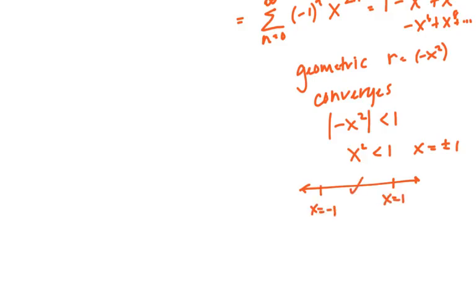And if I put in 0, it makes it true. And if I put in 2, then it's false. And if I put in negative 2, it's false. So my interval is negative 1 to 1. Now the endpoints are not included because then it would be equal to 1 and not less than 1. So this is our interval of convergence.